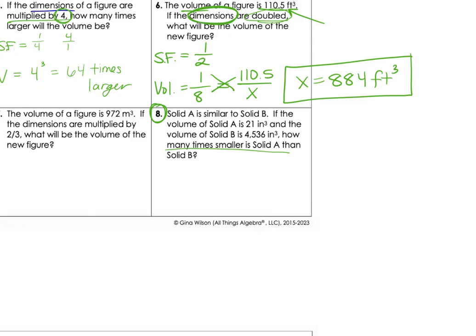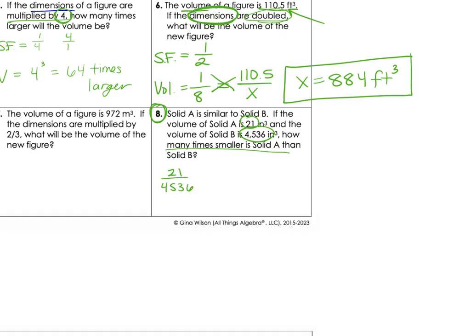Okay, you have this ratio, and you can do it either way. It says A is similar to B. A is this, B is that. So that's the comparison of your two volumes, right? So you can say 21 over 4,536, or you can say 4,536 over 21, as long as you keep consistent with where your things are, okay?